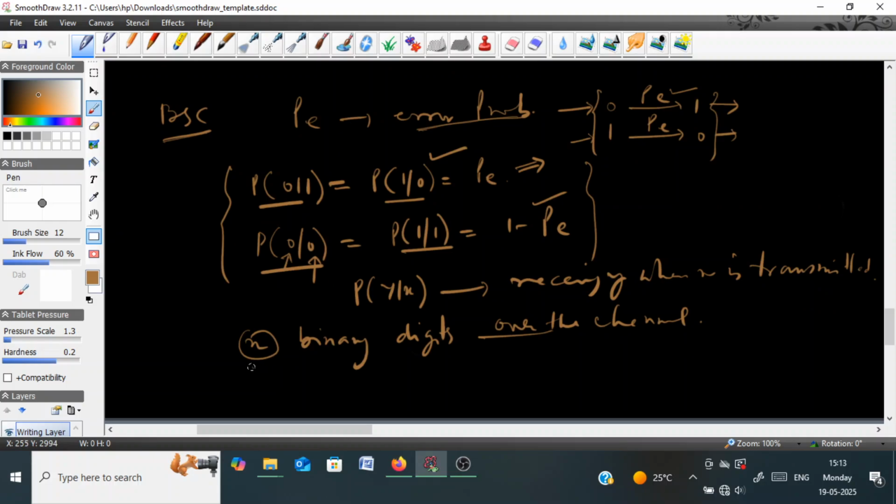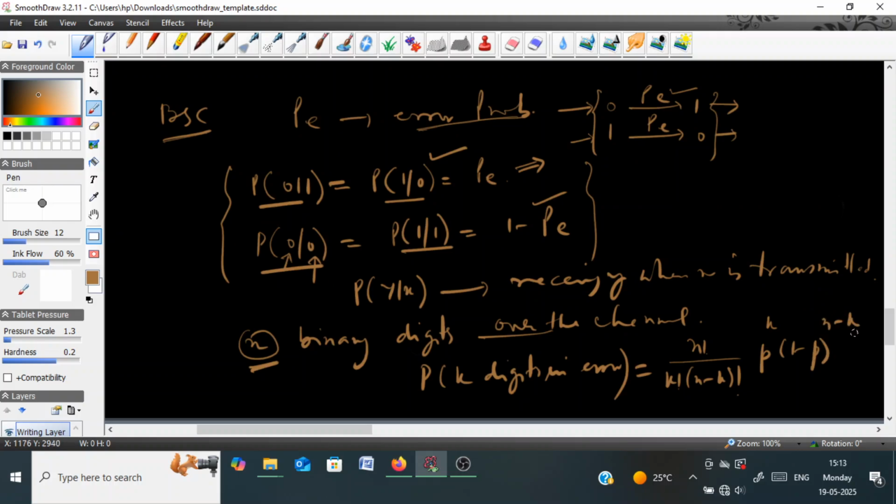Okay, so out of the n digits that you are transmitting over this channel, the probability of getting k digits in error is definitely n factorial divided by k factorial into n minus k factorial, p to the power k into 1 minus p to the power n minus k.